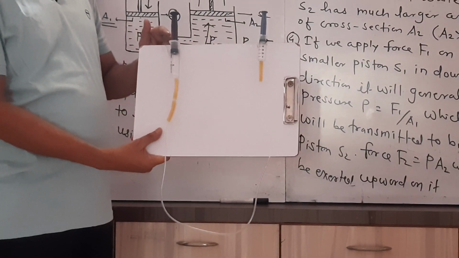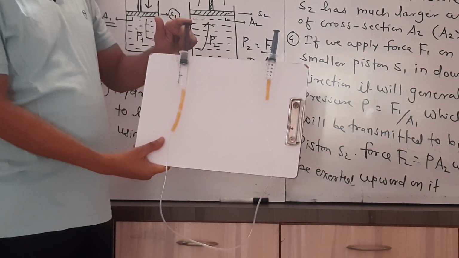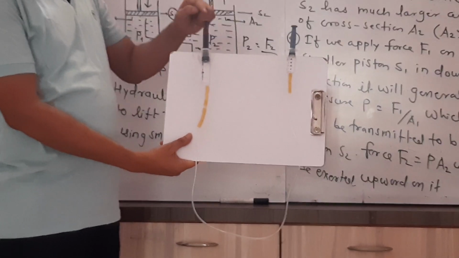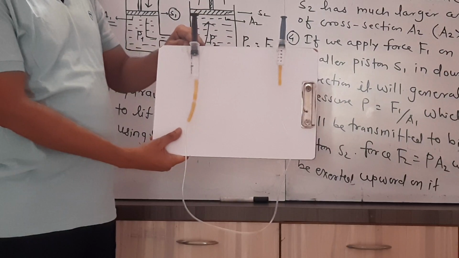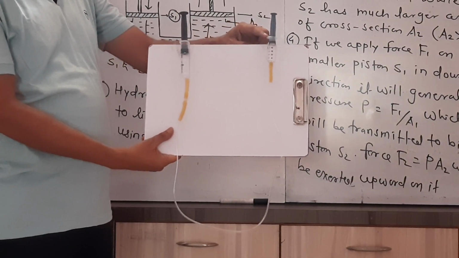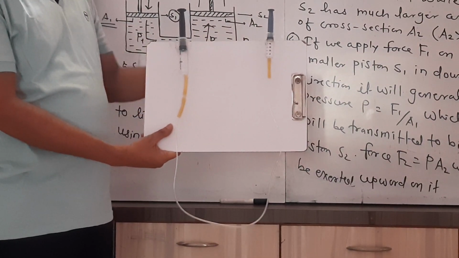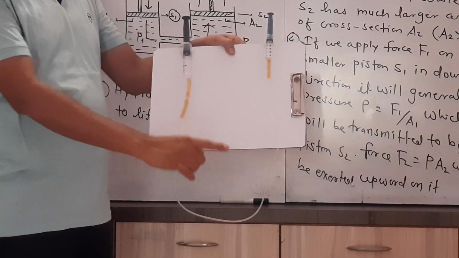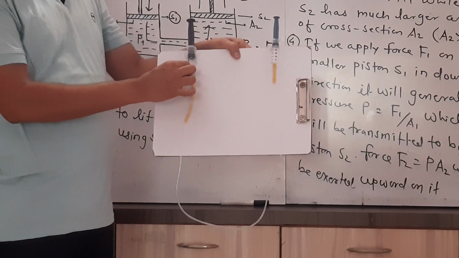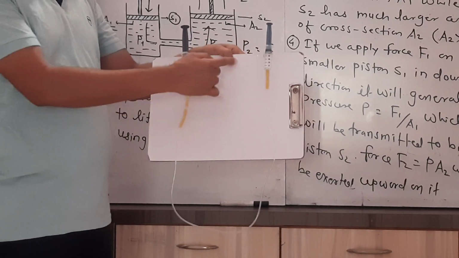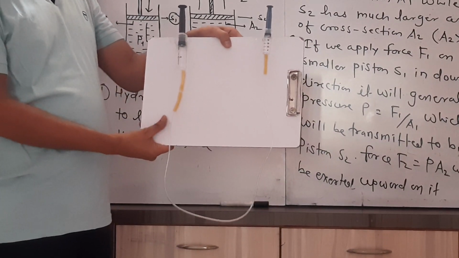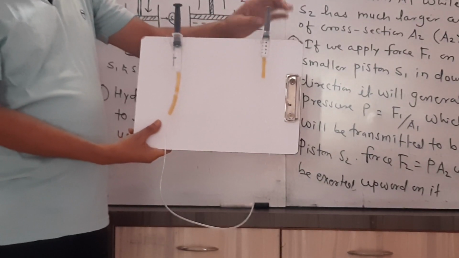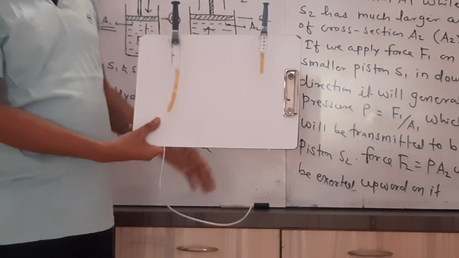This is the second cylinder having a piston with area A2. Here you will clearly observe that the area of cross section of the second piston is greater than the area of cross section of the first piston. Here the two cylinders are interconnected with the help of this tube, and I use water as the liquid. Now consider the force applied on the piston with the smaller area of cross section.